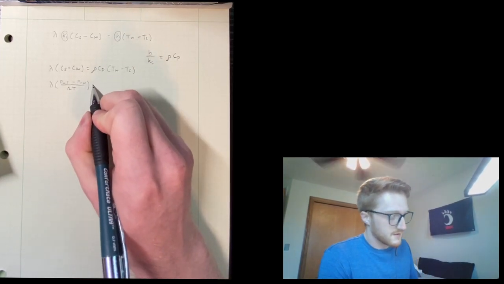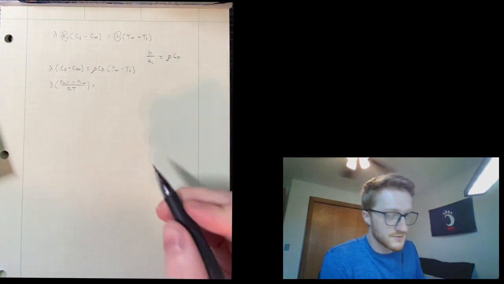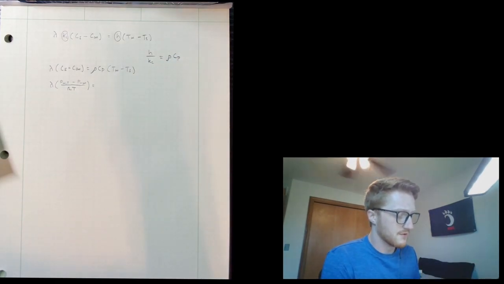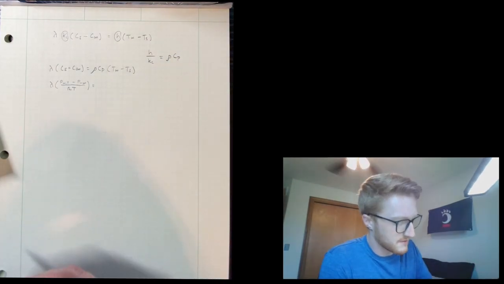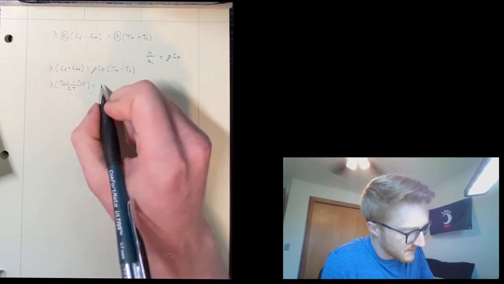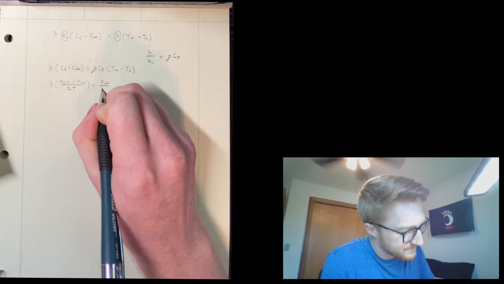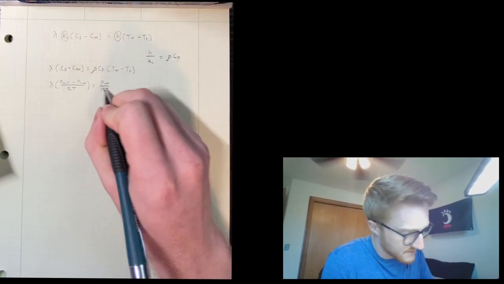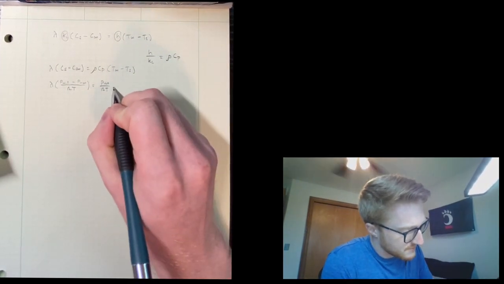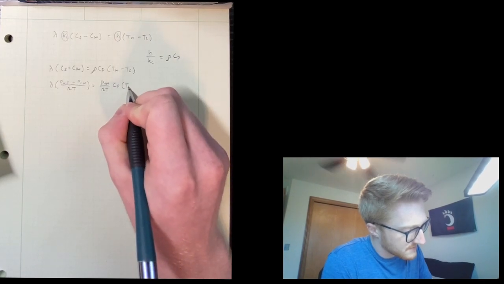And then we also know that the density is going to be equal to your total pressure over your gas constant times your temperature. So we can rewrite that as the total pressure divided by your gas constant times your temperature, times your heat capacity times your temperature difference again.